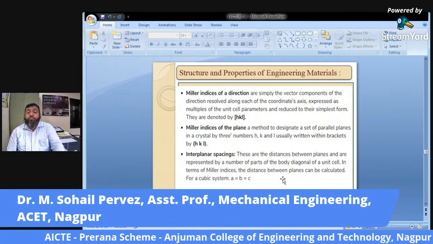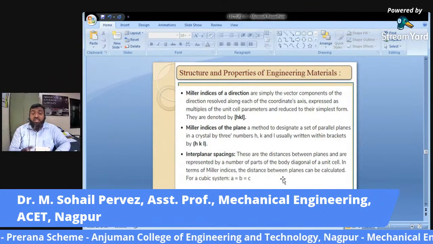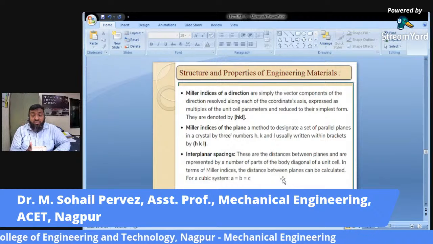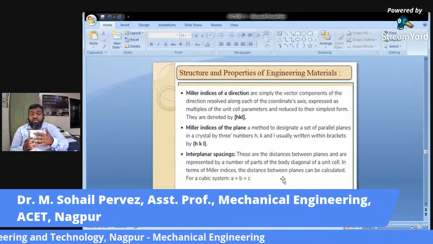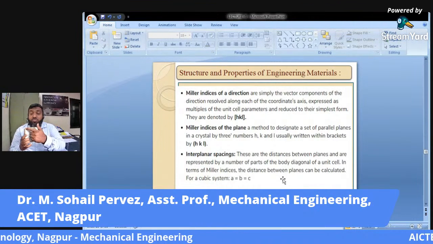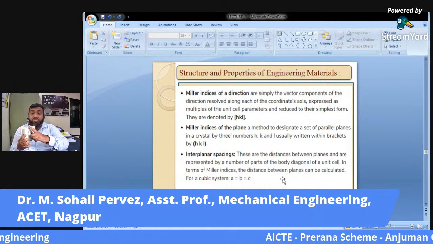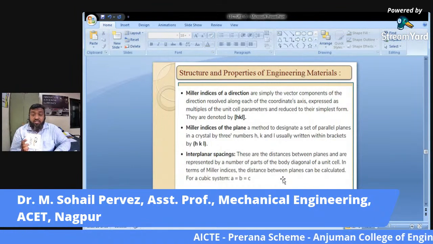Interplanar spacing. These are the distances between planes and are represented by a number of parts of body diagonals. Now, when I say body diagonals, these are between the two space lattice points. This is the body diagonal.